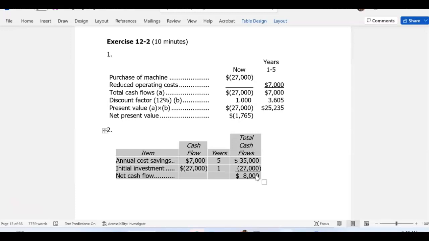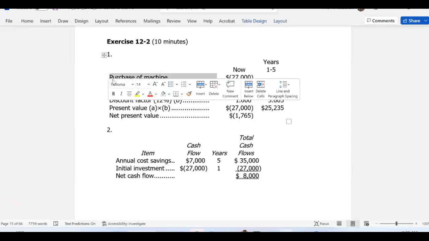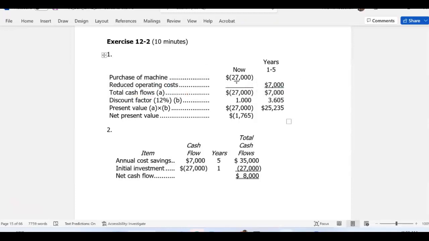But if you go to college, then you understand that there is a present value that you need to consider, because you're going to spend $27,000 now with a factor of 1. But then if you get a series of annuity payments of $7,000 with a factor of 3.6, based on a minimum required rate of return of 12% for your company, that ends up to be only 25,000. And that's where you get a negative net present value, and you say, no, I'm not going to take this project. Cool.